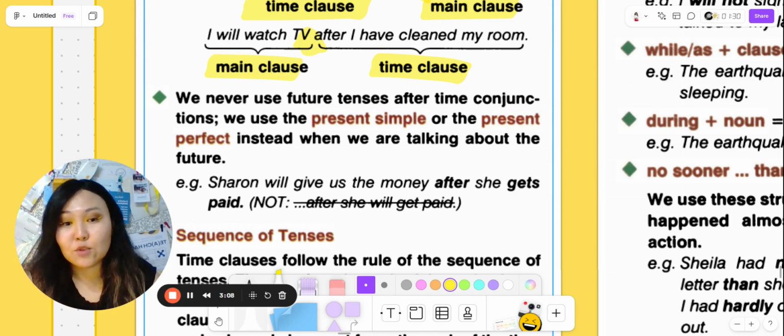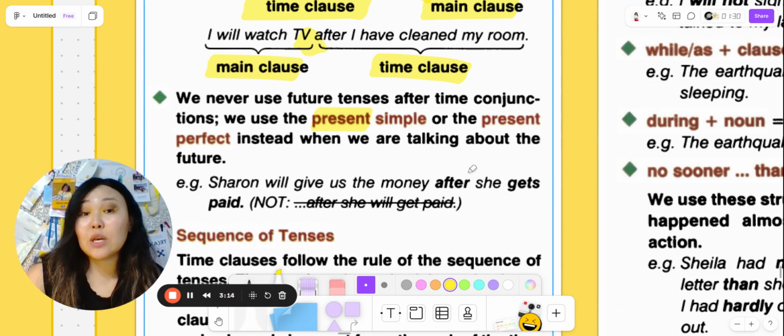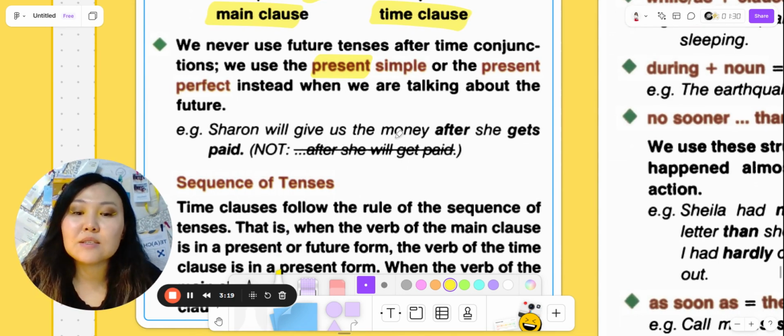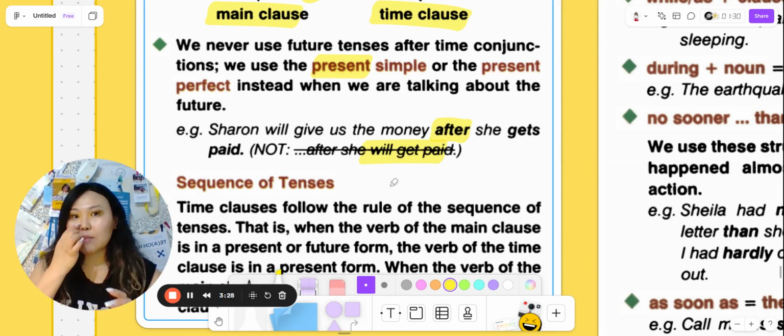We use present simple or present perfect instead when we are talking about the future. For example, Sharon will give us the money after she gets paid, but not after she will get paid. We need to remember about it.